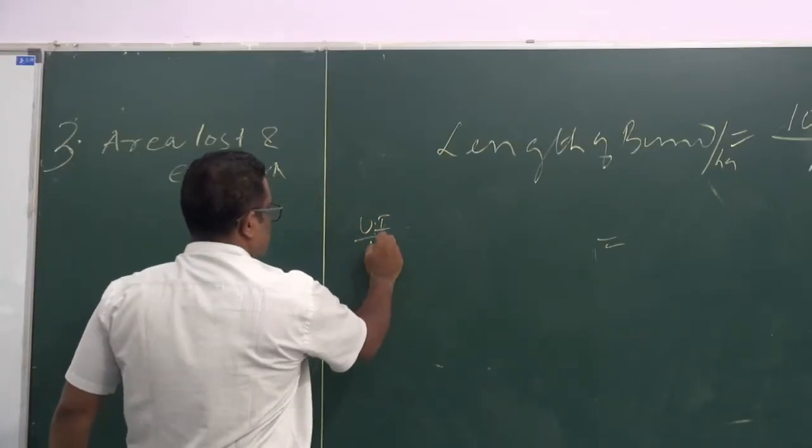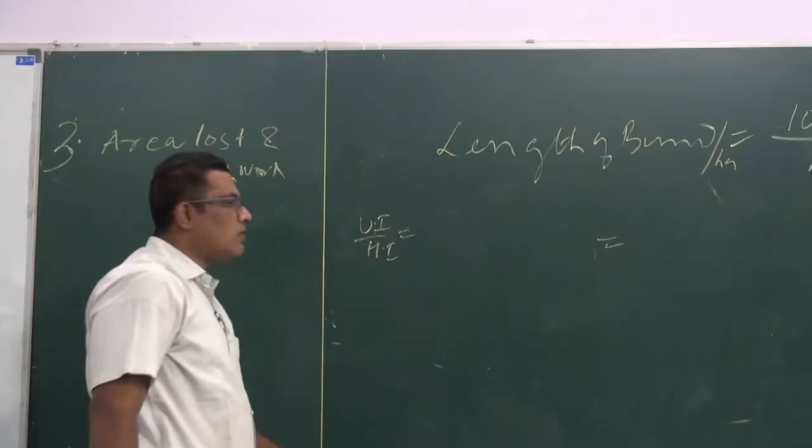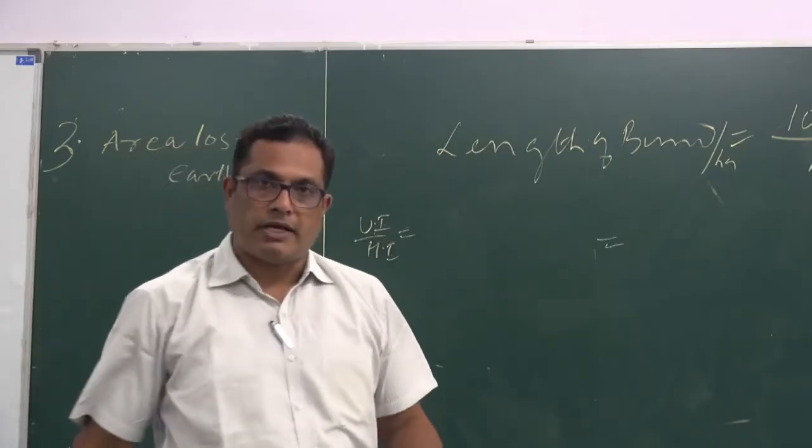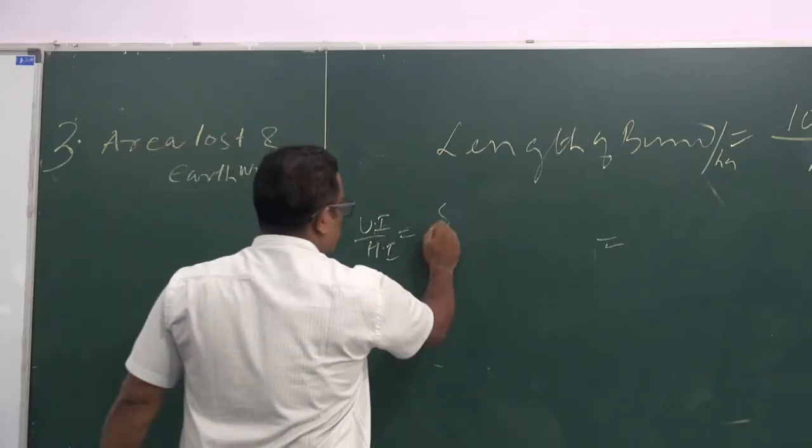Vi by Hi is equal to S over 100. It's not necessary that you remember the formula all the time; it can be derived that way, very simply, if you know the fundamentals.